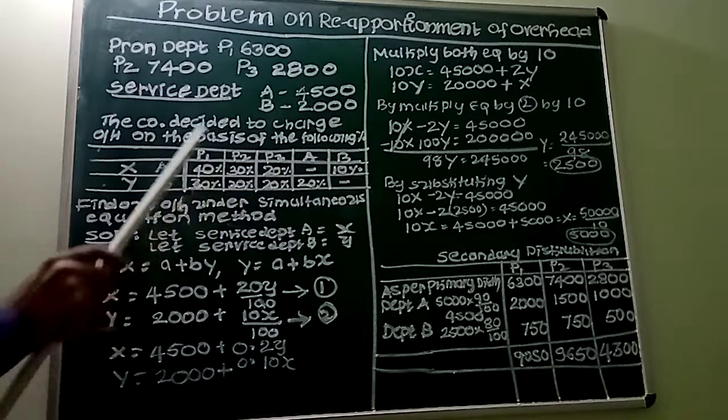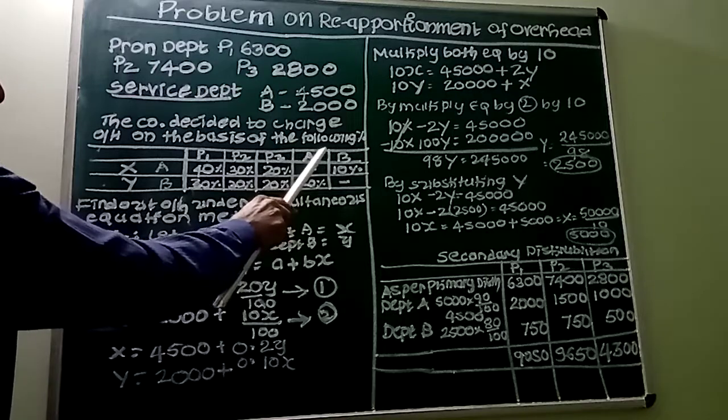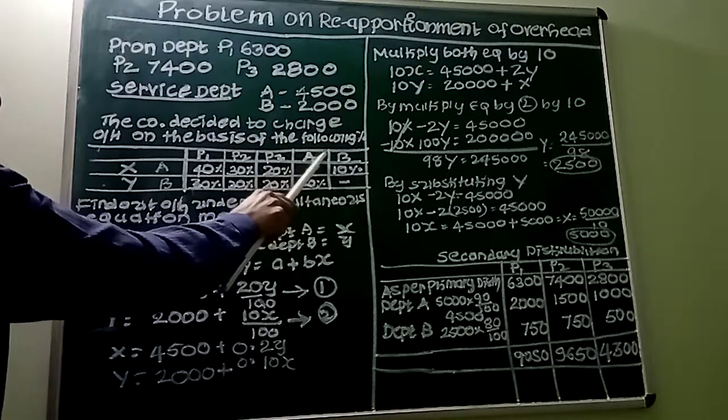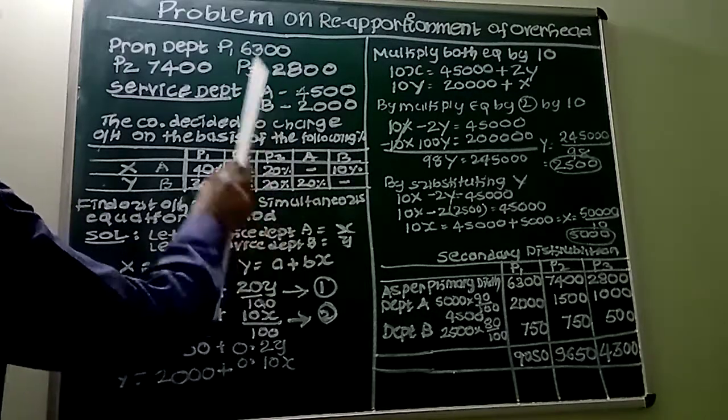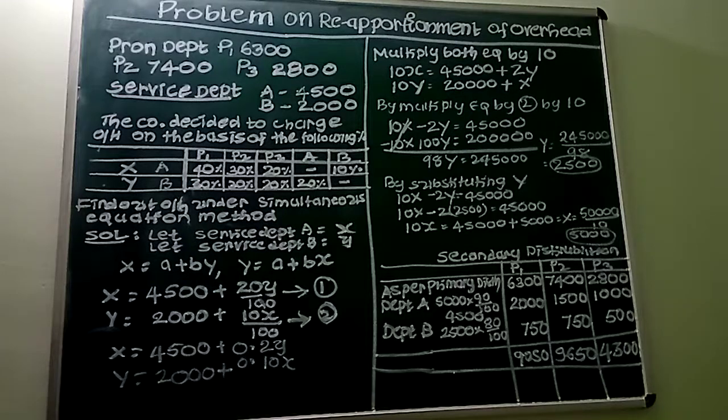Here, the share of service department A related to B is actually 20%. So that 20% we have to take here. That means 4500 is already there for service department A. In addition to that, this department has to take 20% of the overheads of department Y. That's why it is told as A plus BY.